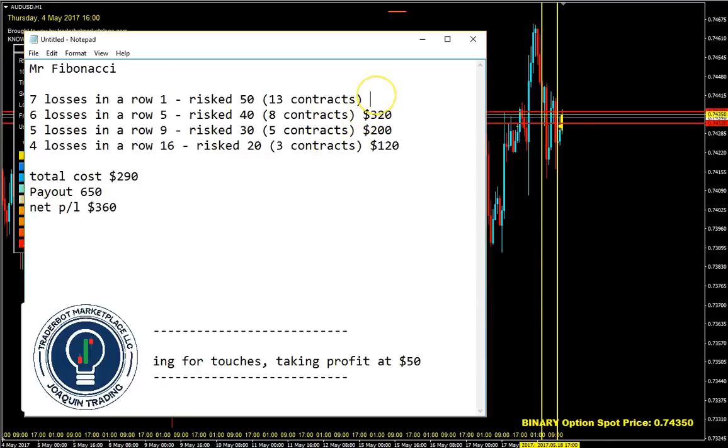And if it happens here, you're going to make 40 times 13, which is 520. But this is on your particular trade. You're going to have to take into account any cost that you paid out before that happened.